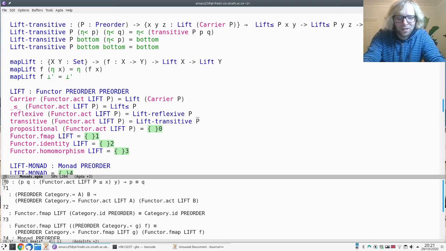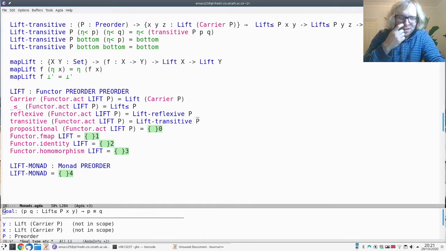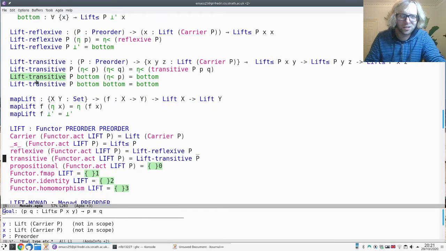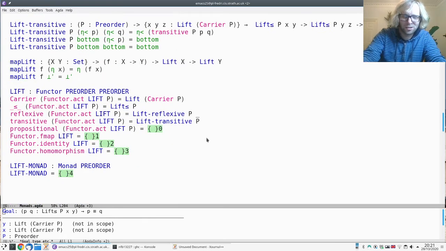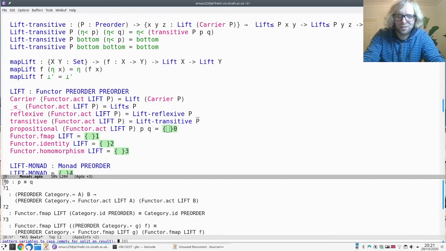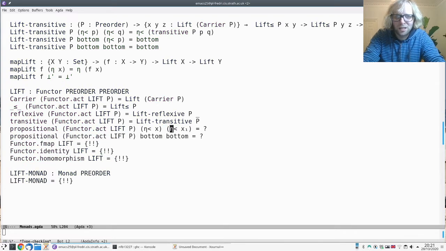Okay, but we also have to show that this order relation is propositional, right? Remember that we asked for our preorders to not have any computational content in these order proofs. So let's see if we can do that. We get given two proofs P and Q, and we have to show that they are equal. So let's see what these P and Q could possibly be.